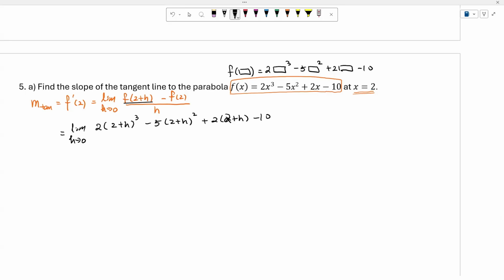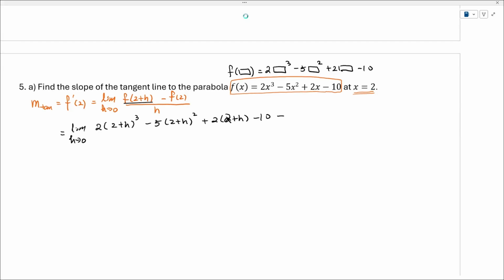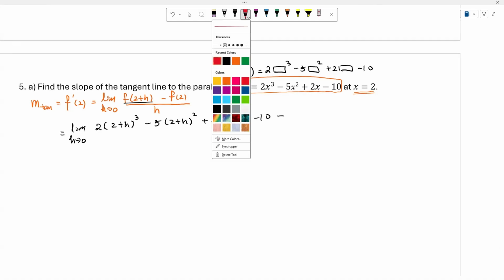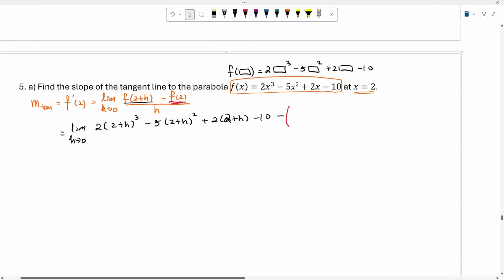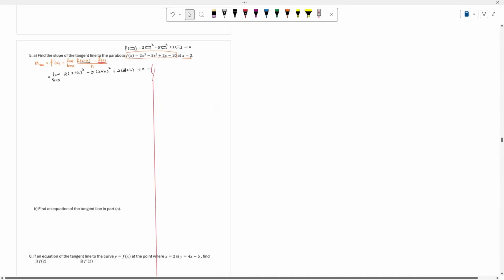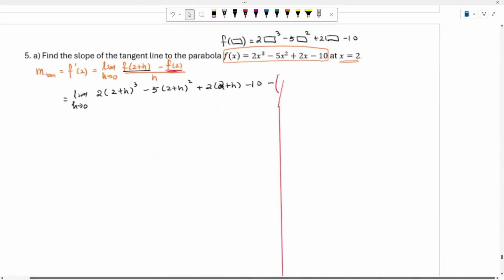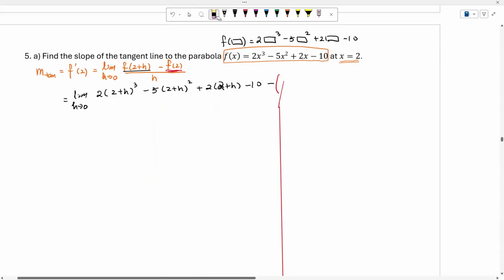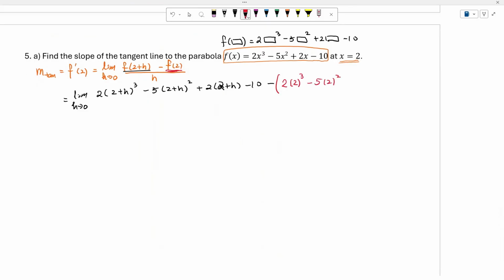And then we would like to subtract this one here. Then I will have 2 times 2 to the power 3 minus 5 times 2 squared plus 2 times 2 minus 10. Everything over h.